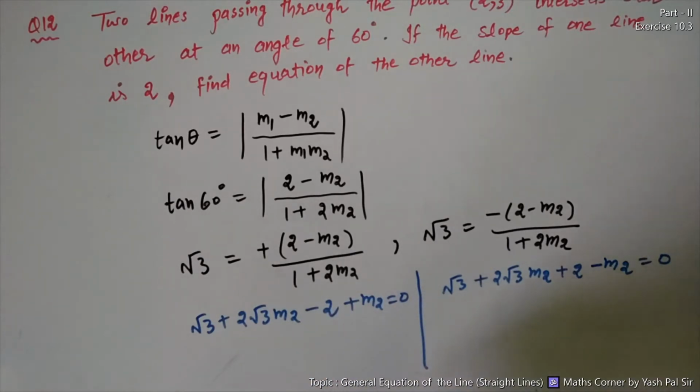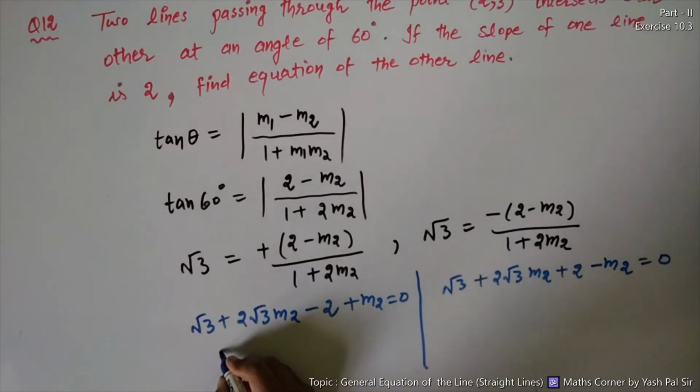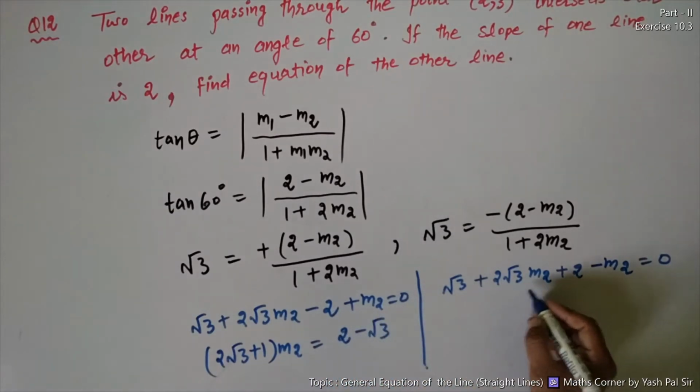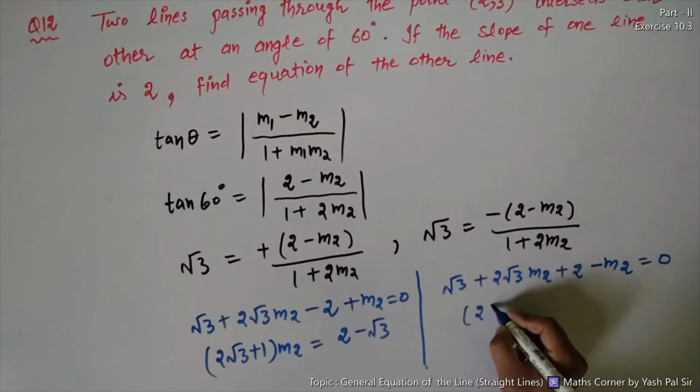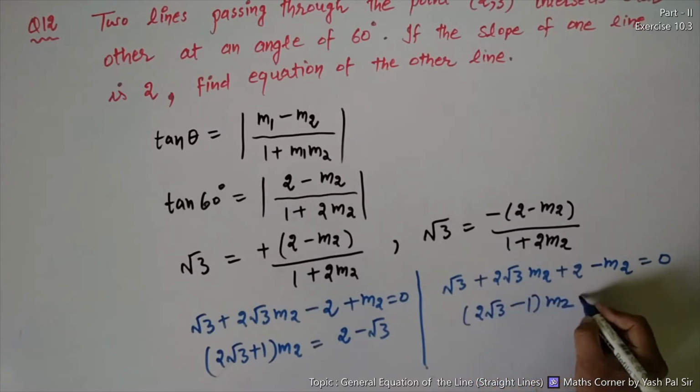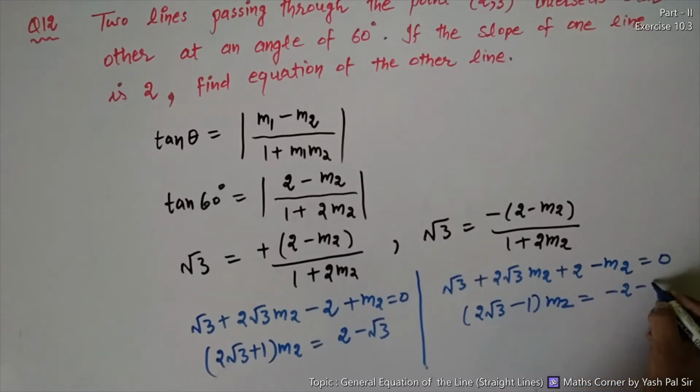So from here we can say 2 into square root of 3 plus 1 into m2 is equal to 2 minus square root of 3. Also from here we have 2 into square root of 3 minus 1 into m2 is equal to minus 2 minus square root of 3.